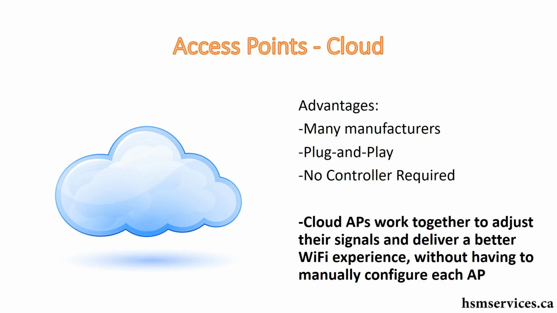For the most part, Cisco Merakis, for example, can work together. If you have a number of Cisco Merakis in your network, they can communicate with each other and adjust their signals, because access points can interfere with each other. So instead of having to adjust them manually, they talk to each other in real time based on how the situation changes, and they give you a better Wi-Fi experience for your users.